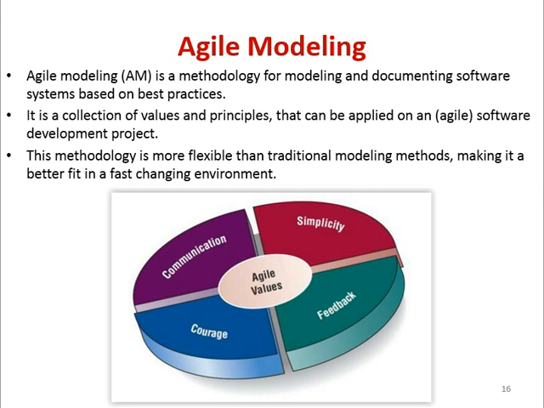It is a collection of values and agile principles, which we discussed in module 2, the agile manifesto, agile values, and agile principles, that can be applied on an agile software development project. This methodology is more flexible than traditional ones because it includes the big four values, simplicity, feedback, courage and communication, which is definitely good for a fast changing environment. So we are adhering to the adaptive.